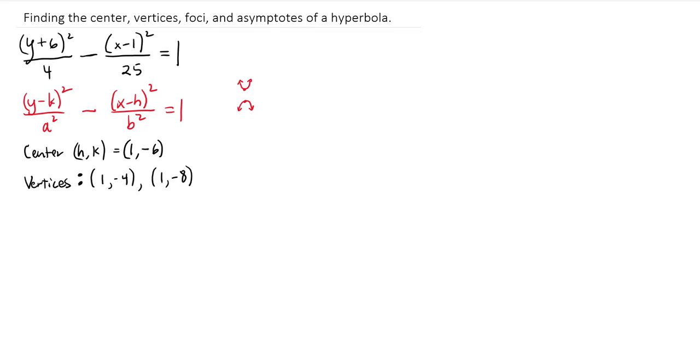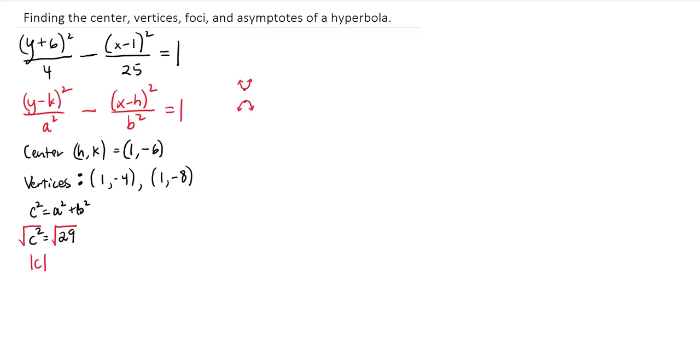Okay. Next thing we want to find are the foci. In order to find the foci, we need to know that for a hyperbola, c squared is equal to a squared plus b squared. Now we do know that a squared plus b squared is 29. Let's solve for the absolute value of c.